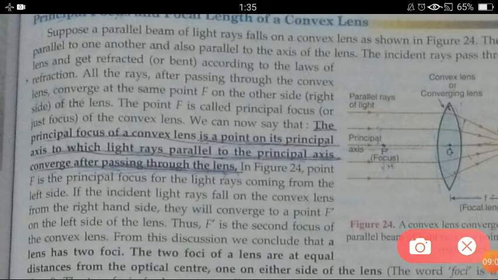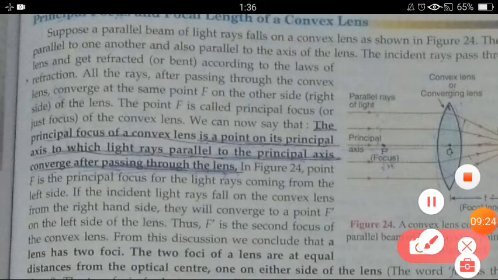So now we have this definition of principal focus of a convex lens. The principal focus of a convex lens is a point on its principal axis to which light rays parallel to the principal axis converge after passing through the lens.